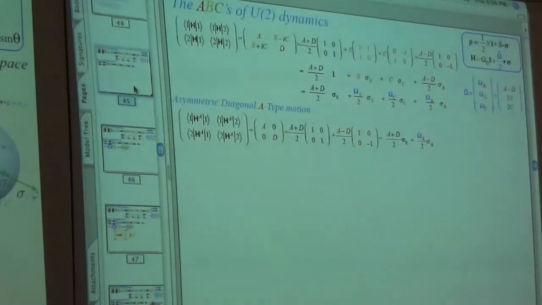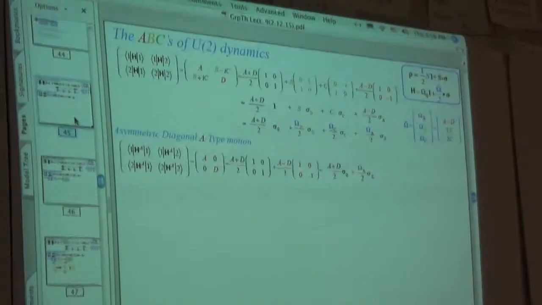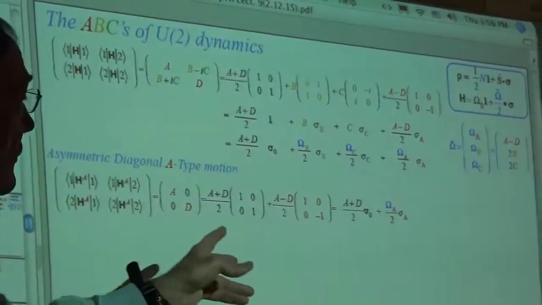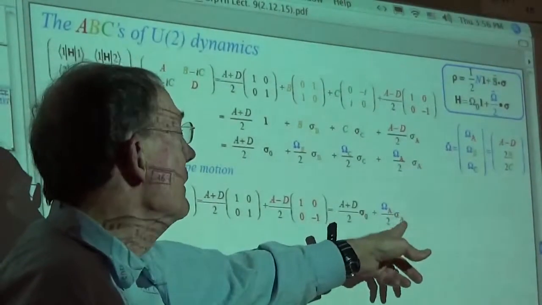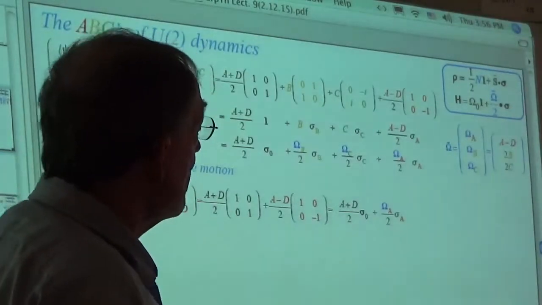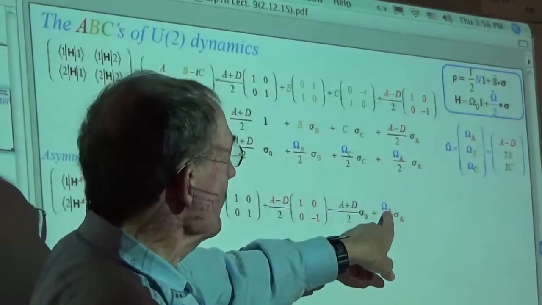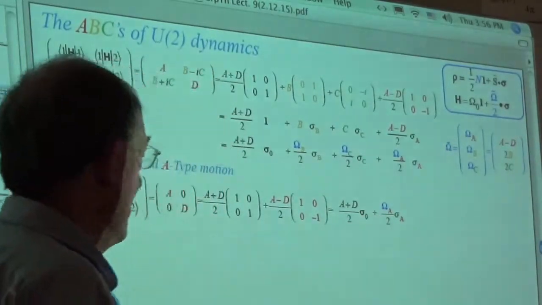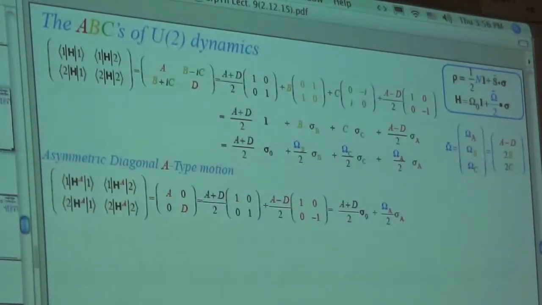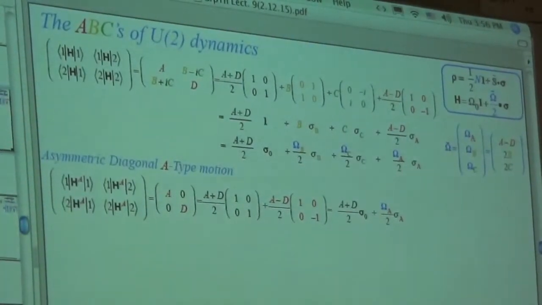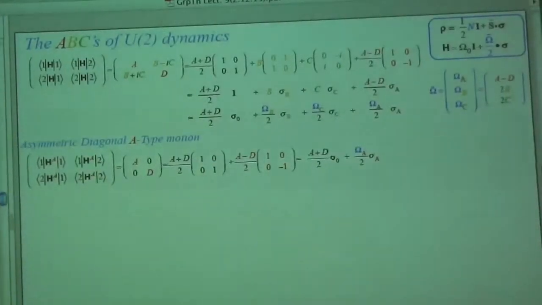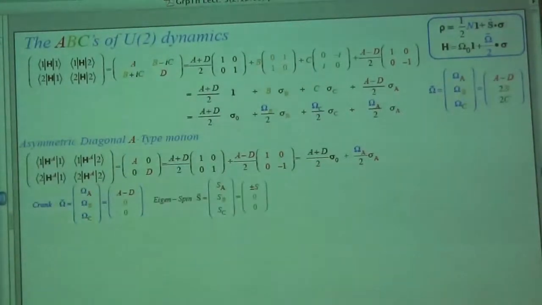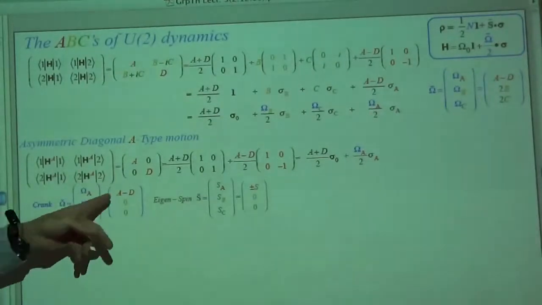So this would be an asymmetric diagonal type motion governed by a Hamiltonian that is just a combination of the unit operator, that's the thing that does the overall phase, and sigma A, with, and now we're using the grown-up notation for R3, uppercase omega sub A, and that's what's going to be driving the motion here. What we're going to see here is the effect of this crank that only has an A component.